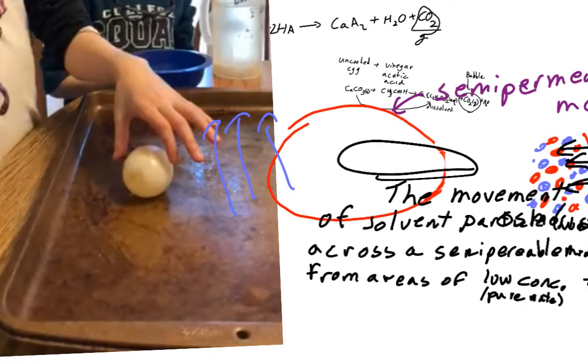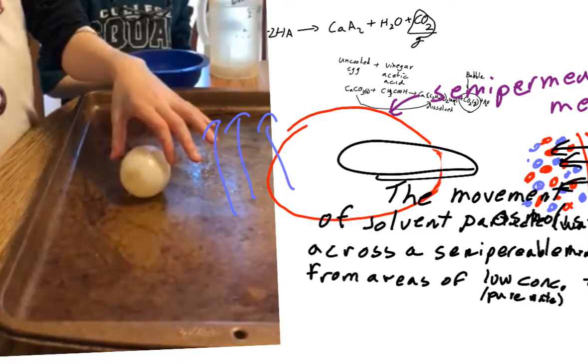It's kind of hard to tell in the video, but this egg is swollen. One of the reasons it's so bouncy is it's swollen. Why? Because a lot of the water molecules, through the process of osmosis, have entered your egg, going from areas of low concentration to areas of high concentration.